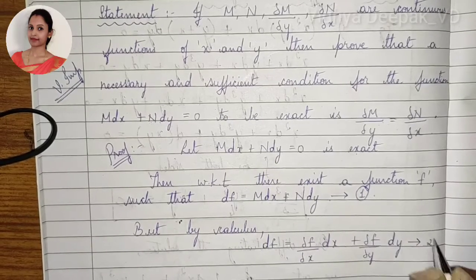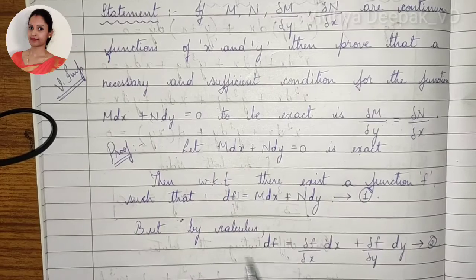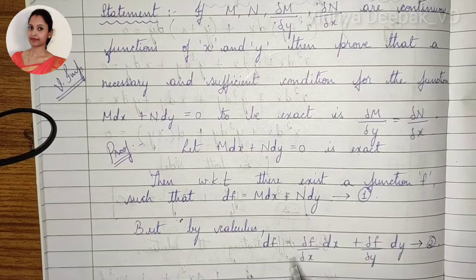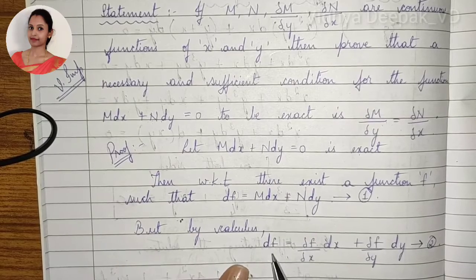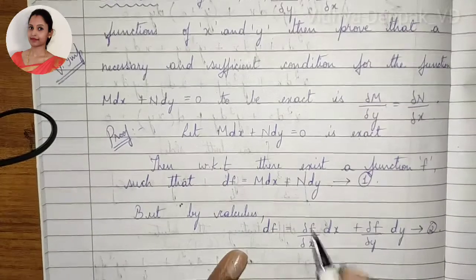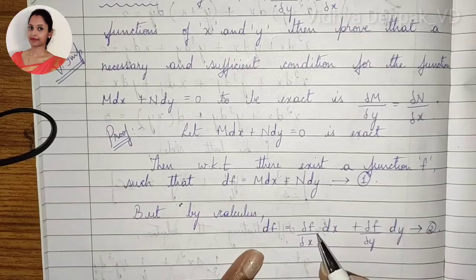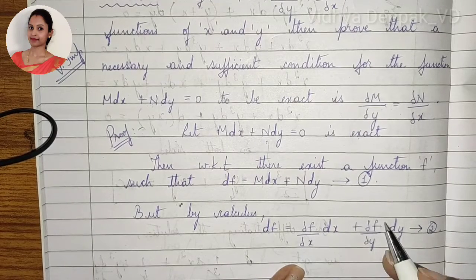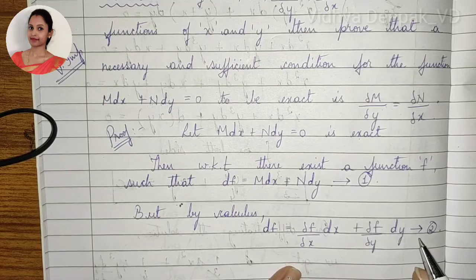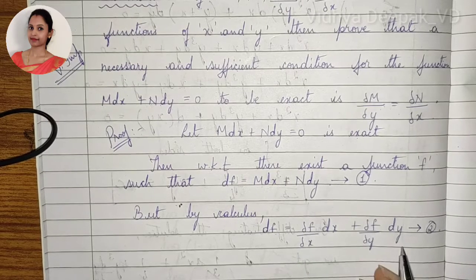We will take this as equation 2. You may get confused about where this came from. From calculus this is proved: the differential of f can be written as the partial derivative with respect to x plus the partial derivative with respect to y. So you have to keep this in mind.